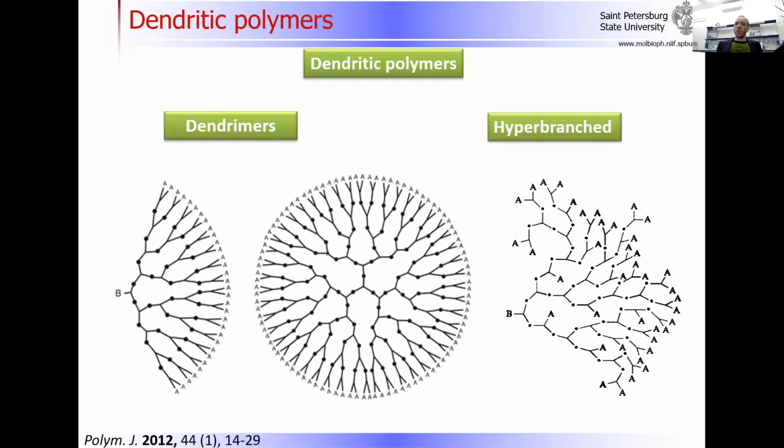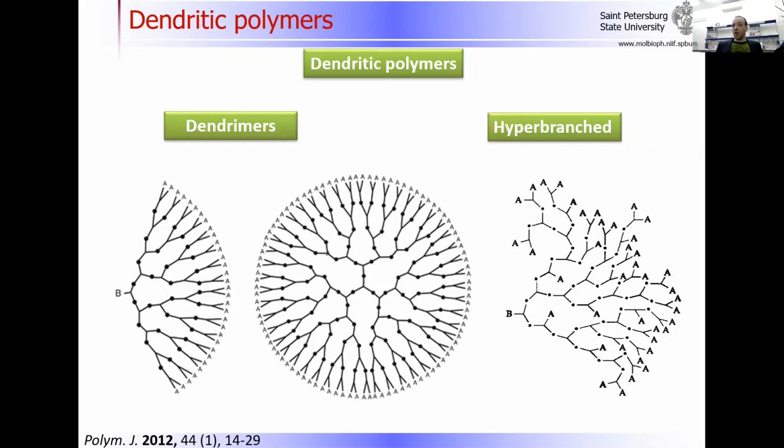Once again, we are speaking about hyperbranched polymers, which belong to the family of dendritic polymers, one of the most known examples of which are dendrimers, which have the highest level of branching symmetry.